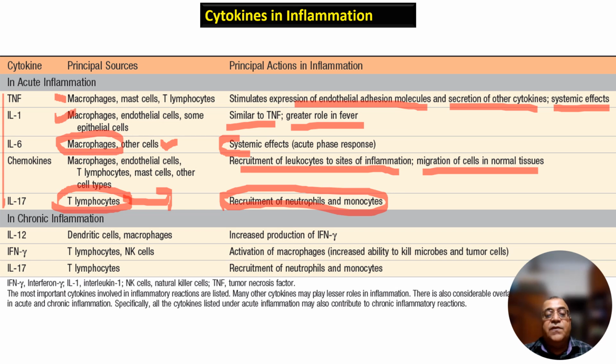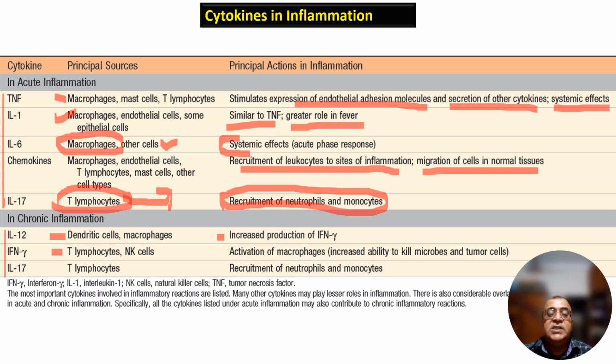The cytokines of chronic inflammation are interleukin 12, gamma interferon, and interleukin 17. Interleukin 12 is secreted from dendritic cells and macrophages, and it increases the production of gamma interferon. The gamma interferon sources are T lymphocytes and natural killer cells.